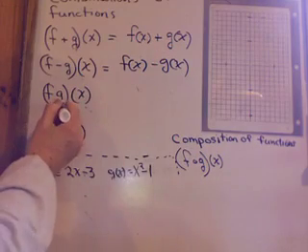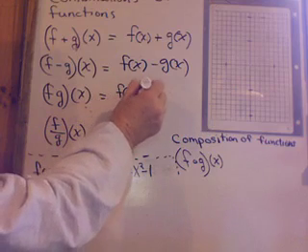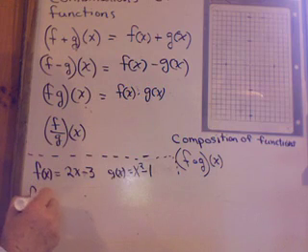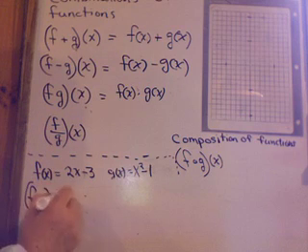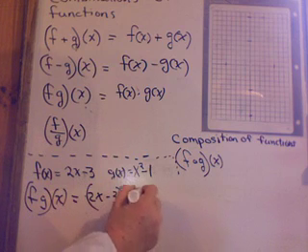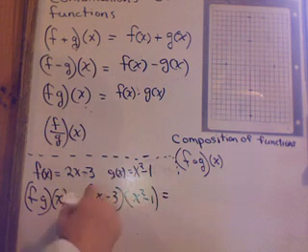All right, on this combination, it's a multiplication of functions, or f of x times g of x in the old notation. So fg of x means to take 2x minus 3 times x squared minus 1. Multiply that out.